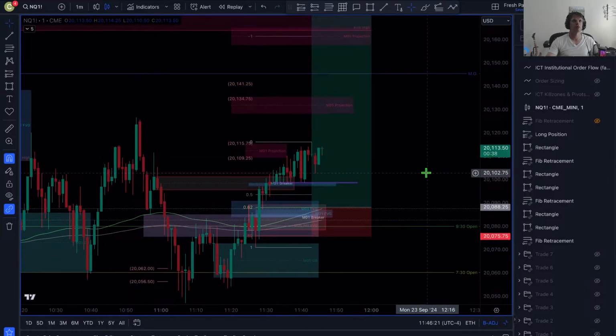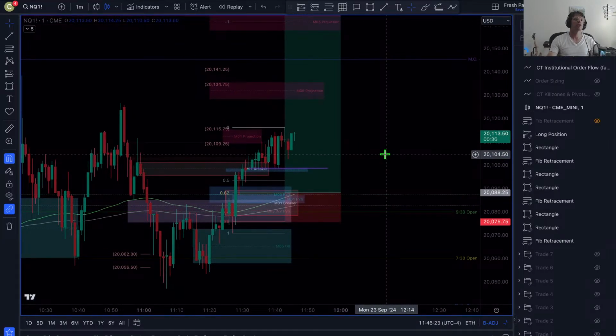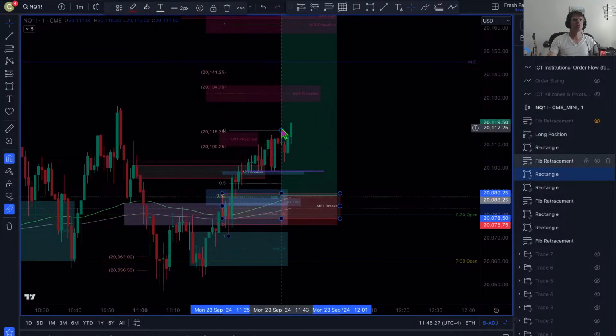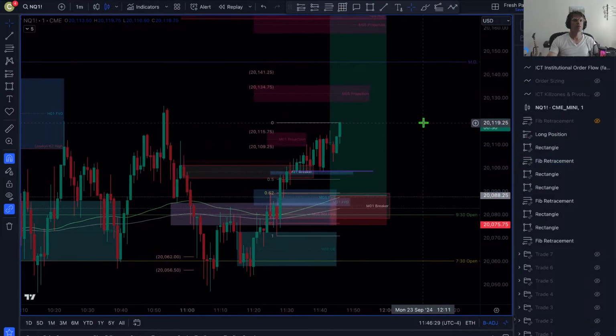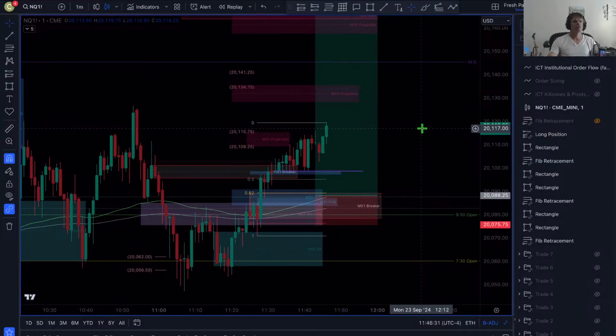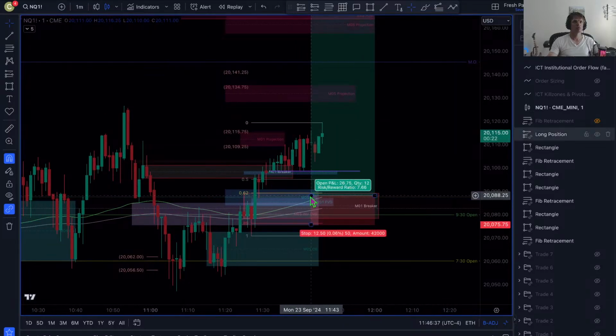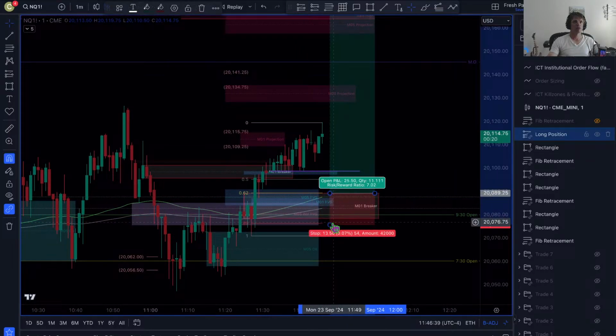No entry even on my S10 strategies because we don't have any liquidity sweeps. This entry is getting higher and higher in this leg, which I don't like.